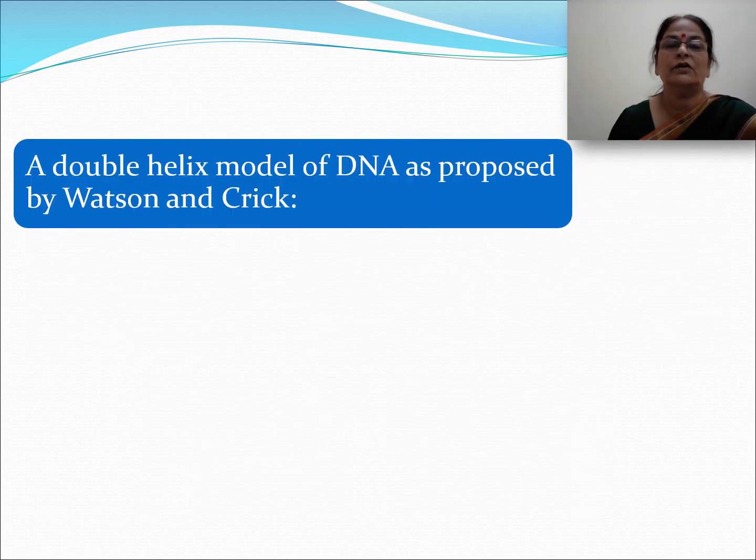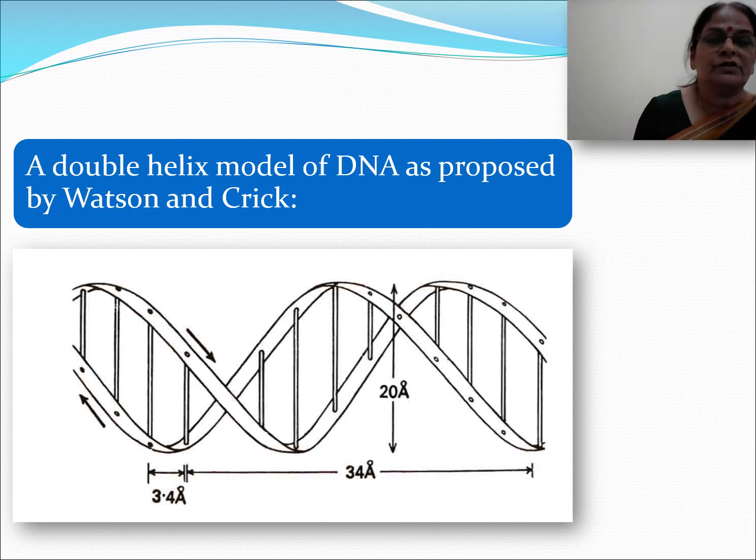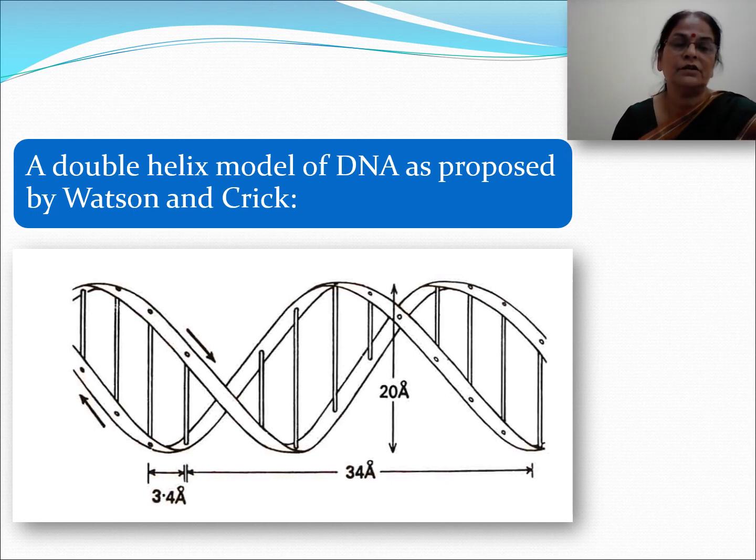Now, what is all this? A double helix model of DNA was proposed by Watson and Crick. The topology or the physical dimensions are like this. It has a 20 angstrom diameter. This is called the pitch. When it completes one turn, this whole distance is called the pitch.